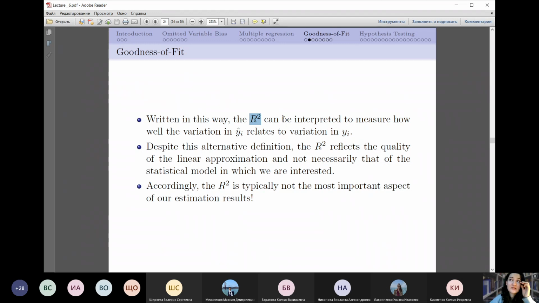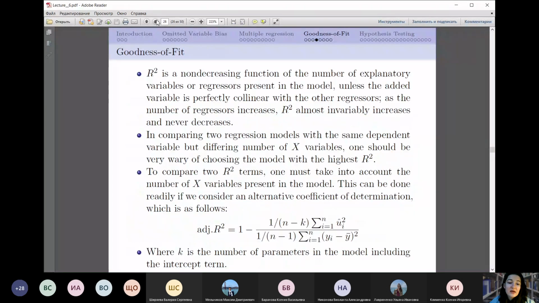Please don't play a game where you want to maximize R squared or adjusted R squared and manipulate the factors, including a lot of factors just to push up R squared.